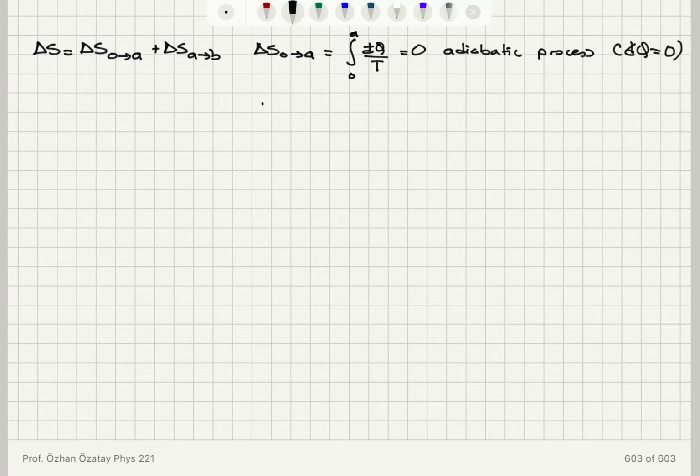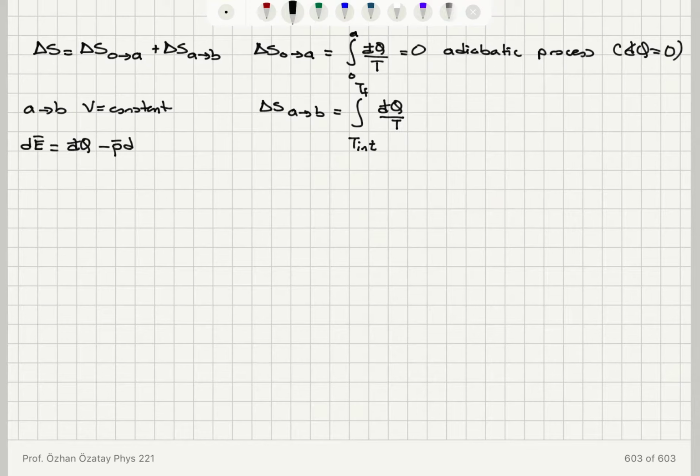And when I calculate the entropy change from A to B, I have to do an integral from the intermediate temperature to final temperature d bar q over T. And since I have from A to B, V is constant, isovolumetric process, dE bar is equal to d bar q minus p bar dV, which is going to be 0.